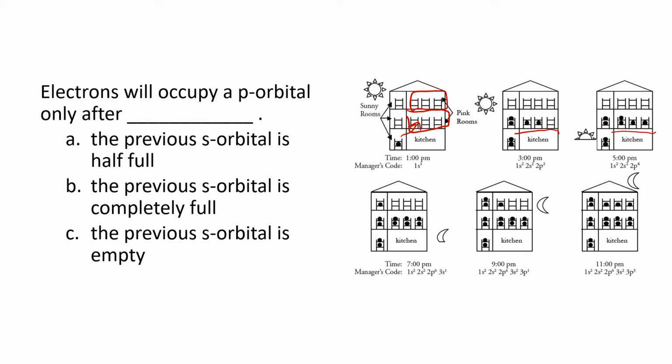Even if we started having these 2 people down here, these here, etc., notice that we don't just start putting people in these different beds. We actually have to wait until the previous s orbital is completely full before we start putting people in the p orbitals, or in the pink rooms.